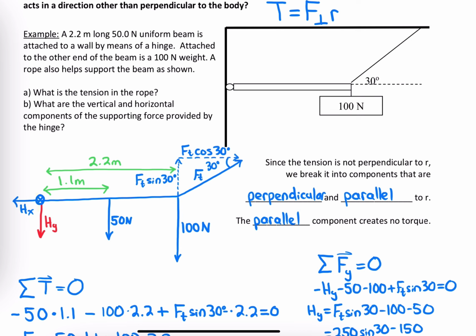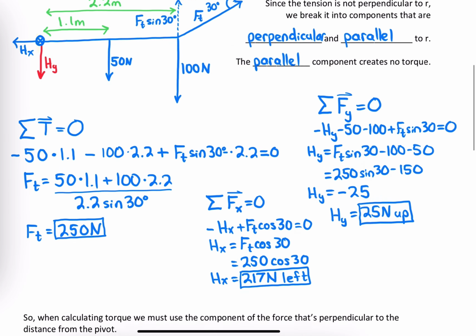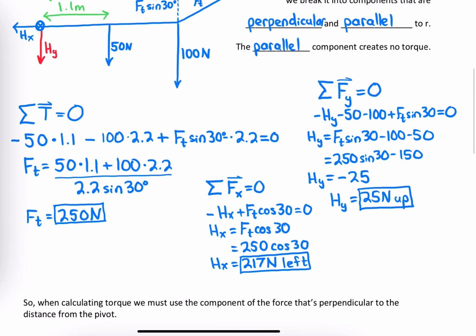Then we just continued on, basically forgetting about the original force, and instead using these two components. We used our equilibrium conditions one at a time, and just plugged things into those equations until we were able to find all the stuff we needed.